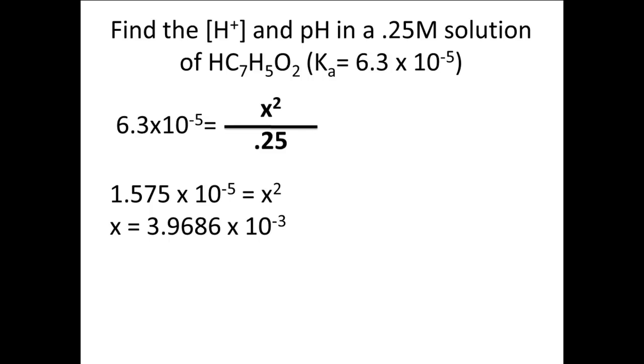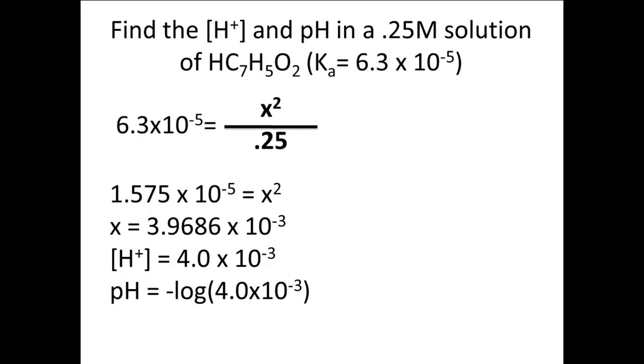So, rounding off to the correct number of sig figs, which is 2, we get concentration of H plus equals 4.0 times 10 to the minus third, and the pH, which equals minus log of 4.0 times 10 to the minus third, is 2.40.